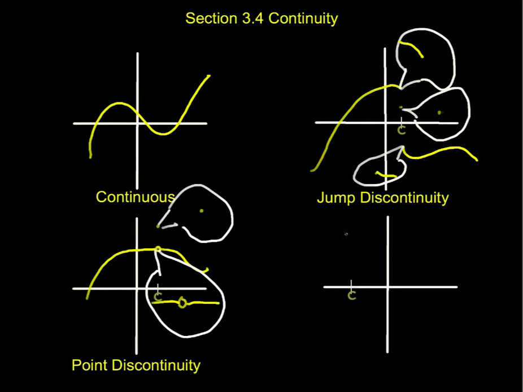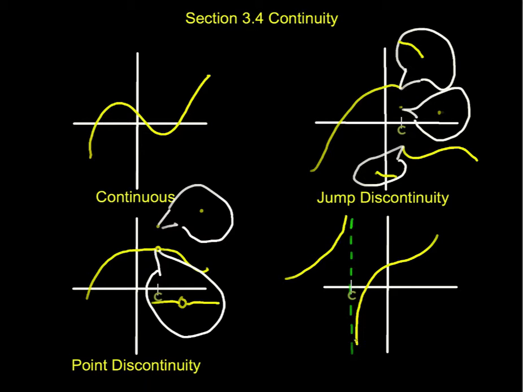And the third and final type of discontinuity is an asymptotic discontinuity. So maybe I've got some kind of asymptote right here, and the graph, if I look at it from the left, maybe comes along and approaches this asymptote but never touches it, and coming from the other direction, maybe it comes like this.